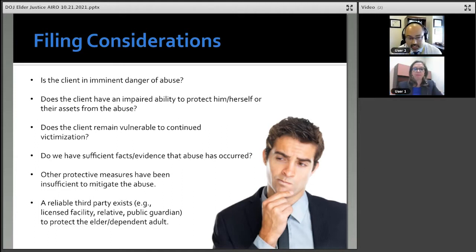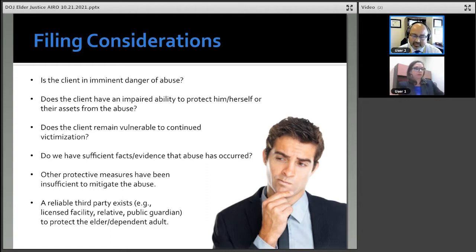Oh, yes. So under the bullet point, do we have sufficient facts, evidence that abuse has occurred? From County Counsel's point of view, that's important because the evidentiary code does come into play, and just wanted to note that Probate Code Section 1000 says that the rules of practice applicable to civil actions apply to probate proceedings.